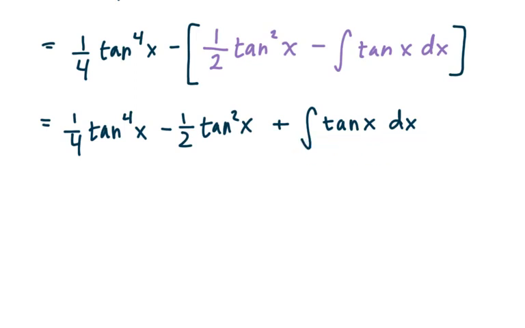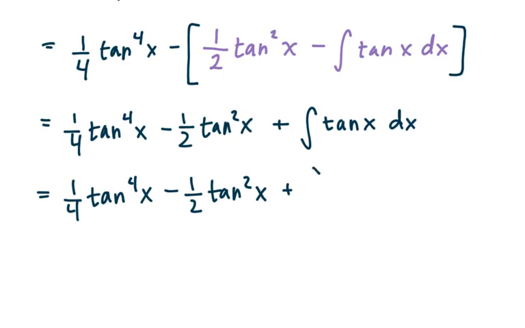So I still have an integral in here, and you may know the formula for the integral of tangent x, or you may not. And it can be easily derived or determined if you take tangent x and you think about some properties of trig functions. I'm going to treat tangent as a ratio of sine over cosine. So tangent is equal to sine x over cosine x dx. At this point, we can use a simple u substitution.